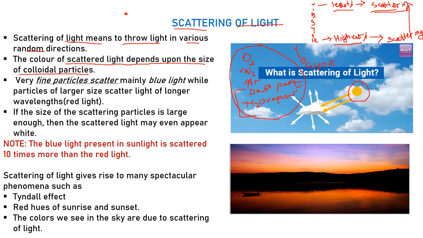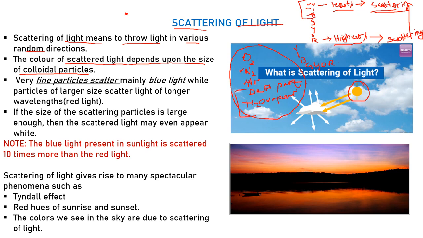And the particles which are present in the atmosphere, that is oxygen, are going to scatter, and the light coming towards the earth is going to scatter the violet, indigo, blue light most.